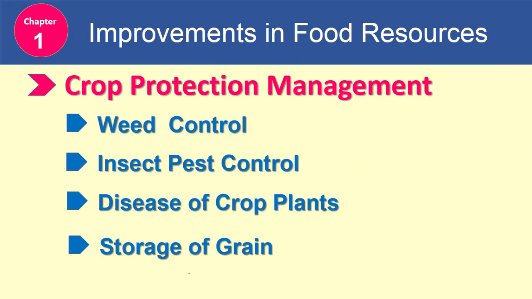Under crop protection management, these topics came. The first is weed control, second is insect pest control, third is disease of crop plants, and fourth is storage of grains. We will read it one by one.